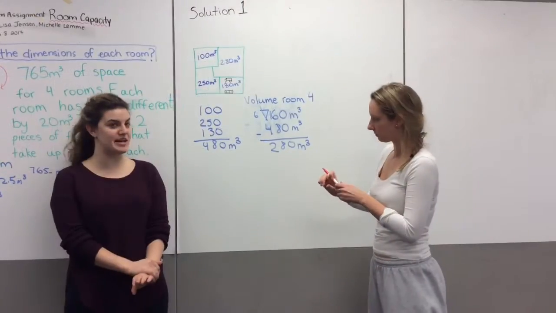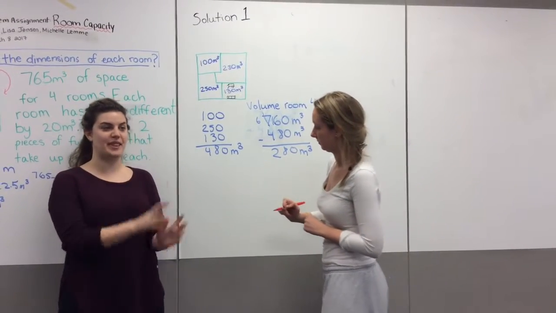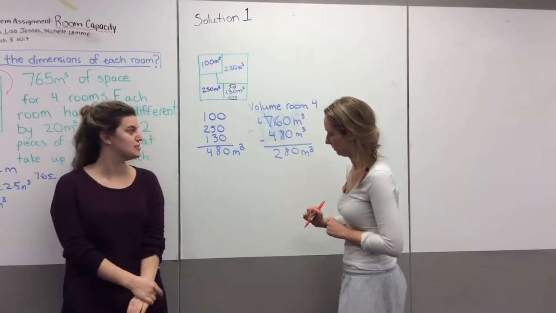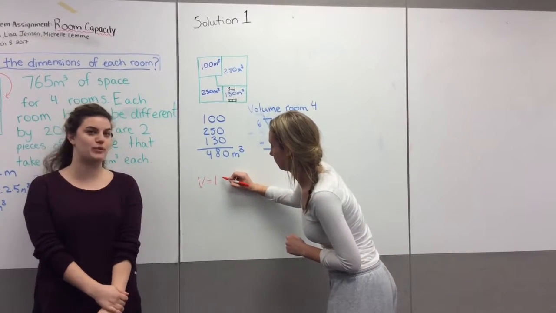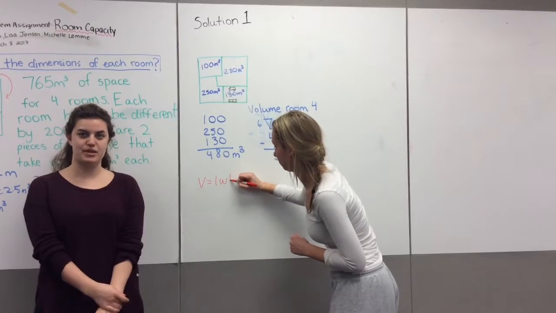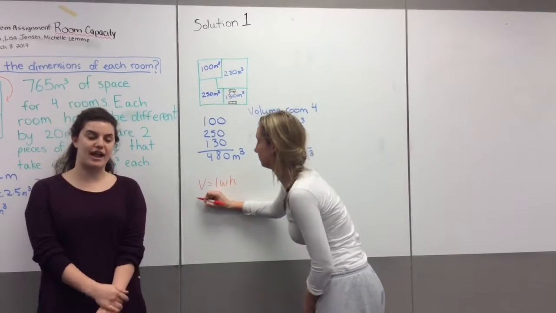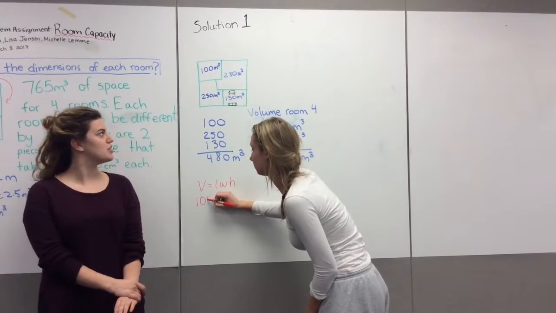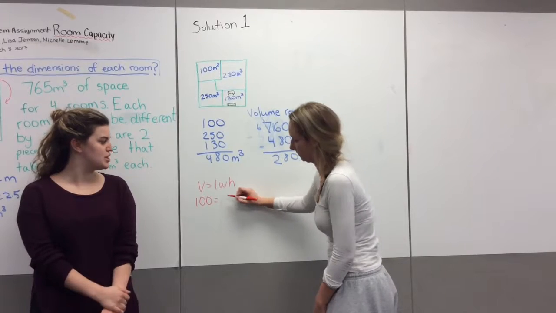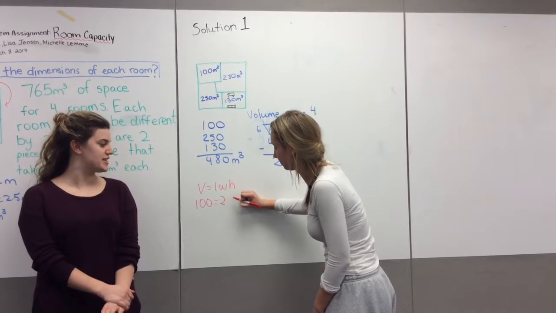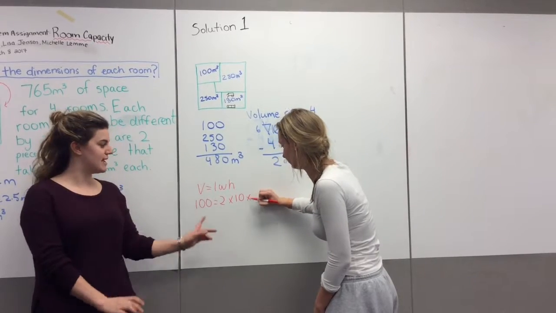So now to find the dimensions of each room, after we found the volume of each room, we have to find the length, the width, and the height of each room. So volume is equal to length times width times height. We've used a trial and error method for each room to find the dimensions. For the first room, we have a volume of 100 meters cubed, which equals length times width times height, and we plugged in different numbers to make 100.